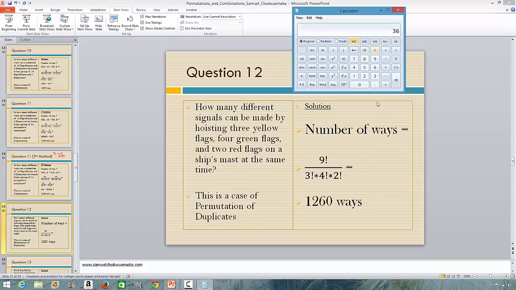Let's remove this memory. Do 3 factorial times 4 factorial times 2 factorial equal to this. Put M plus, put it in memory, then do 9 factorial divided by memory recall. That gives you this 1260 ways.